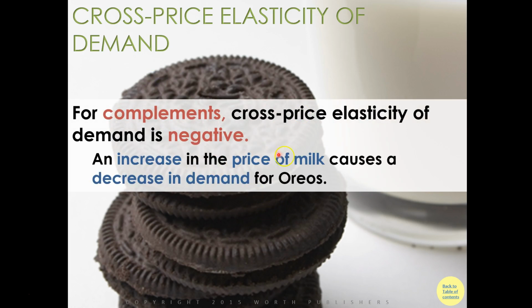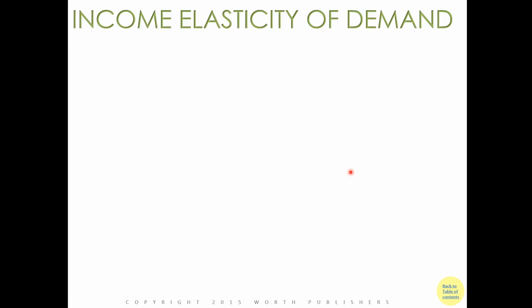So if there's an increase in the price of milk, it may cause a decrease in the demand for Oreos. Because face it, who doesn't like Oreos with their milk, or milk with their Oreos, whichever you prefer. So we'll skip these here.